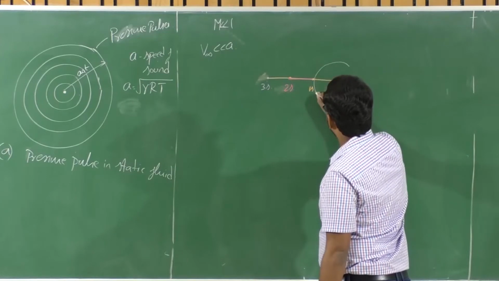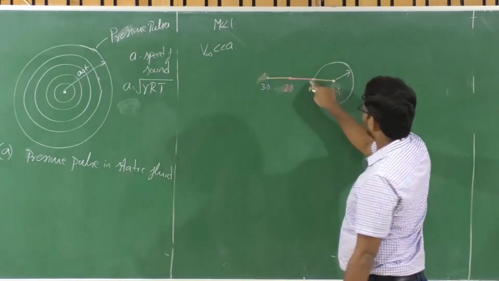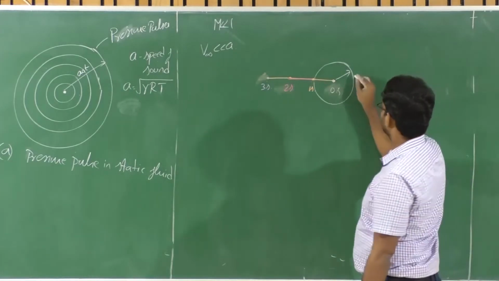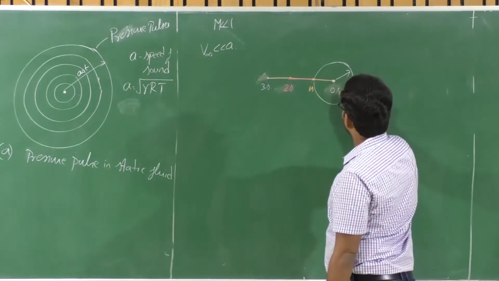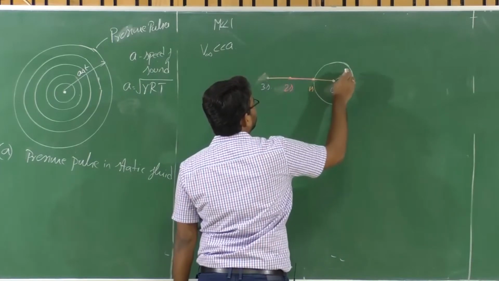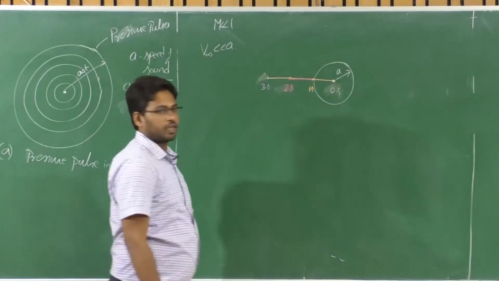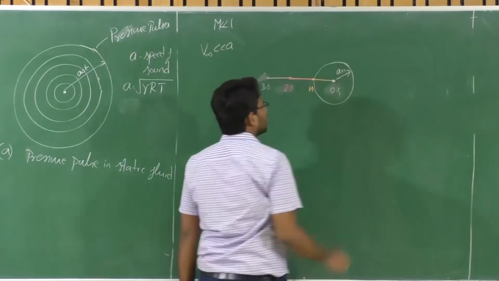So after 1 second, this may not coincide. Don't get confused with that. At 1 second, this disturbance might have traveled a distance a. Am I correct? A times 1, that is a, here.